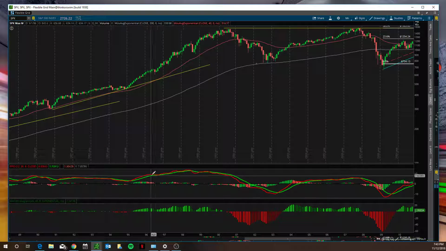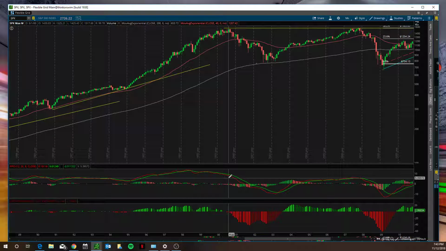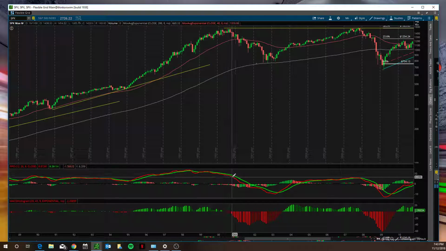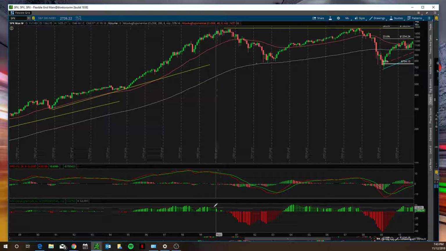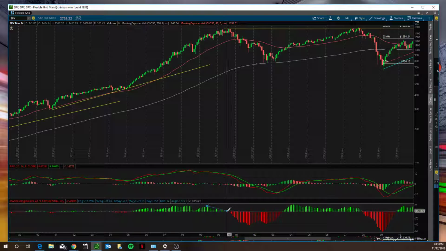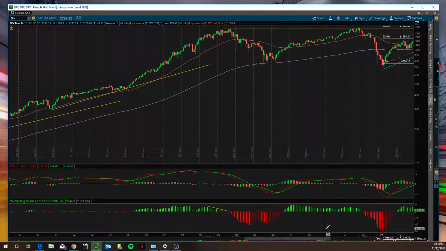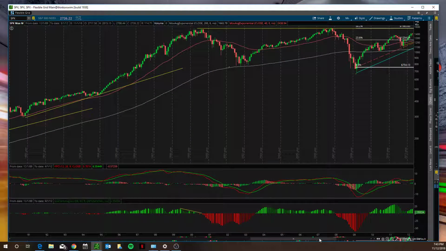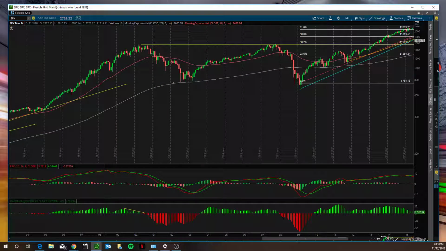As you see, it's starting to push itself over, and it starts going down. What do you see right here? You see that the green bars are going lower, right? You can see the same thing if you scoot over here.